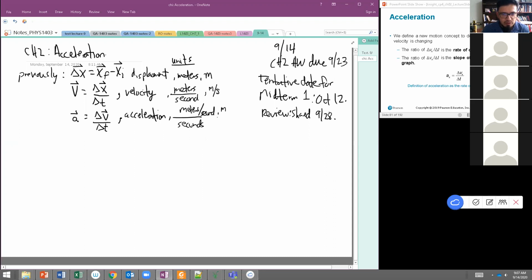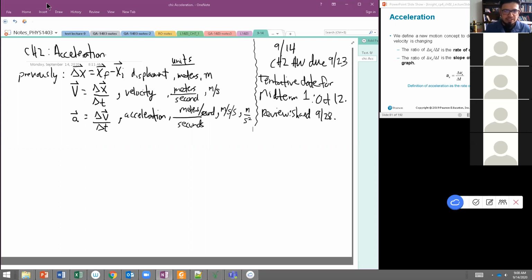Because we don't like to write too many of these slashes, the accepted way is to write it as meters per second squared. So that double division by seconds shows up as a seconds squared term. I emphasize this because it is important for you to check that your units come out to what they should be when you're doing problems.